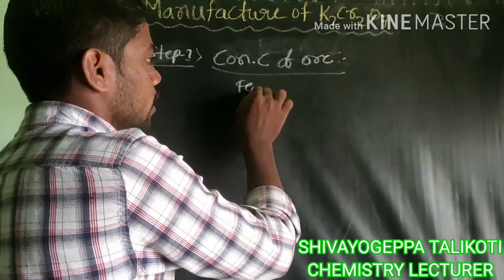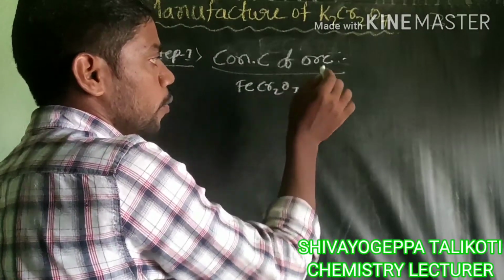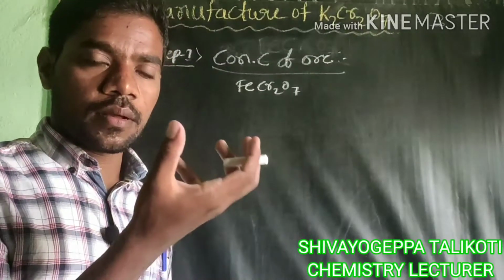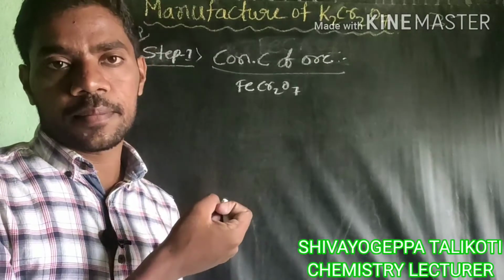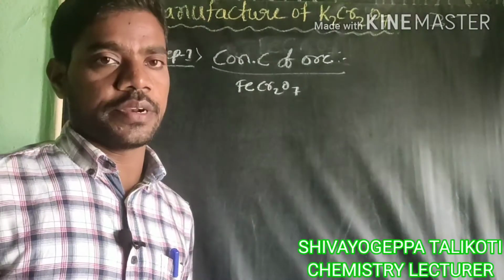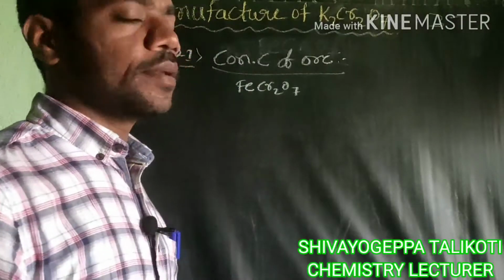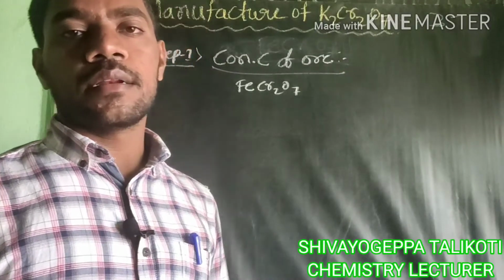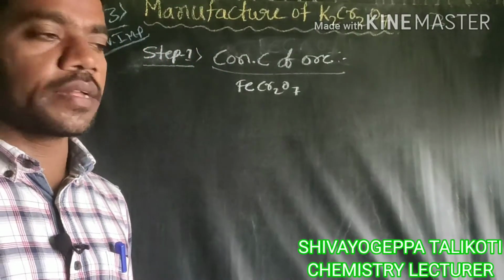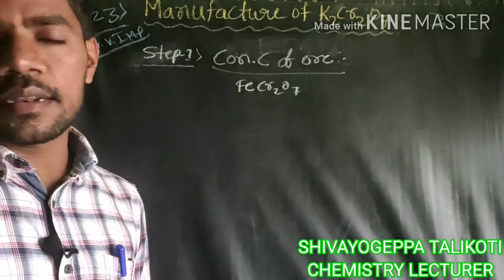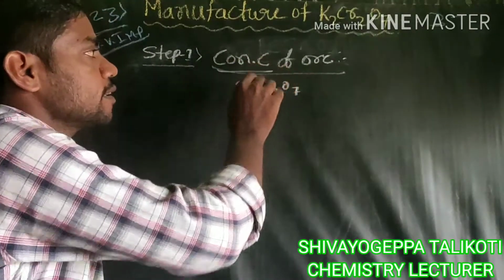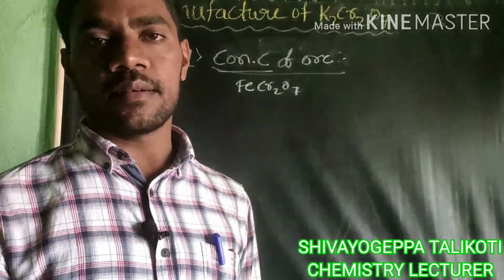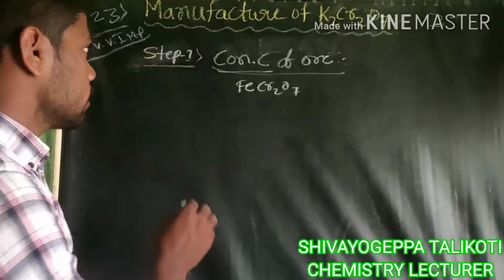We first powder the ore, and concentrate it in the reverberatory furnace, removing all unwanted impurities, waste particles, and any iron or other ores. The name itself is concentration of ore, which means removing the unwanted impurity, dear students.